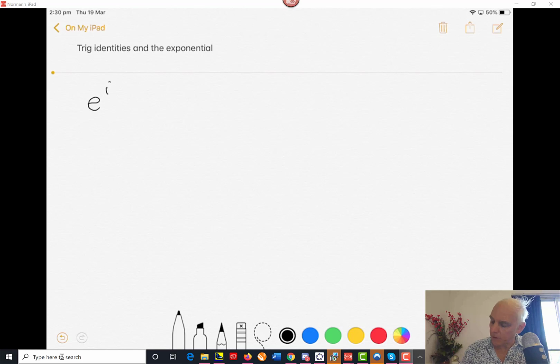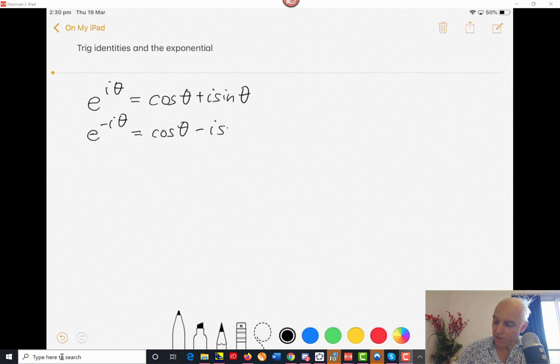The complex exponential function is defined by e to the I theta is cos theta plus I sine theta. And its complex conjugate, e to the minus I theta, is cosine theta minus I sine theta.